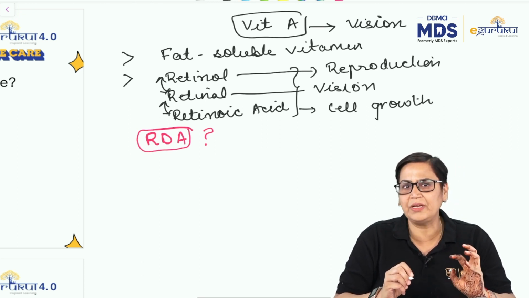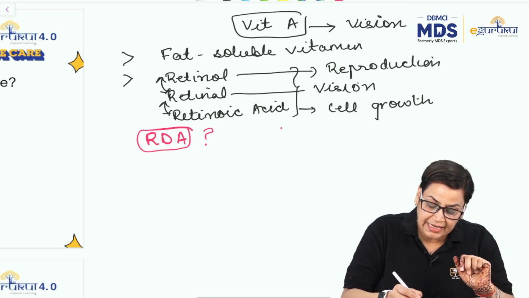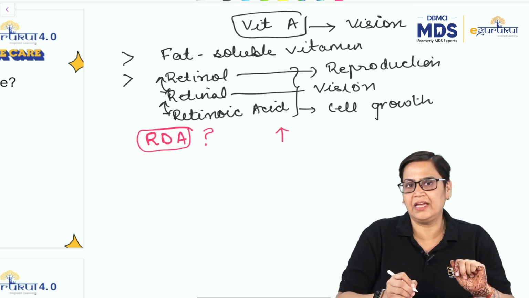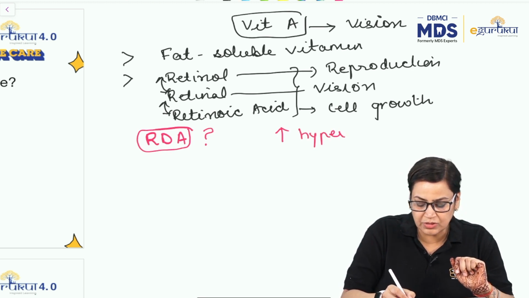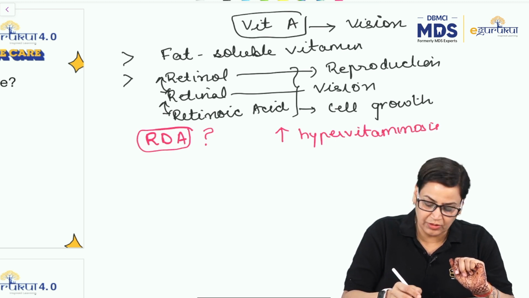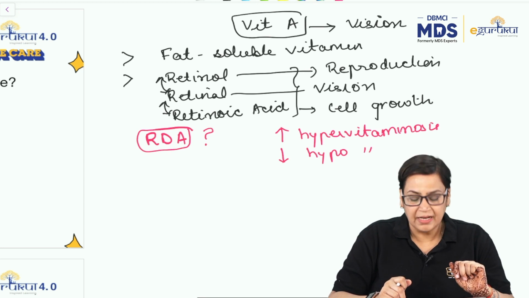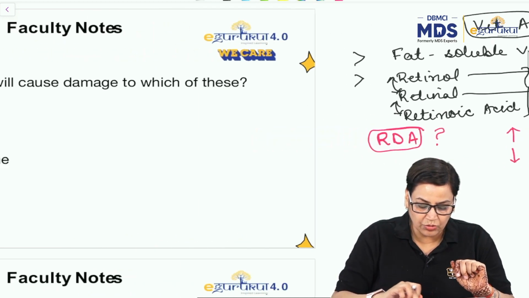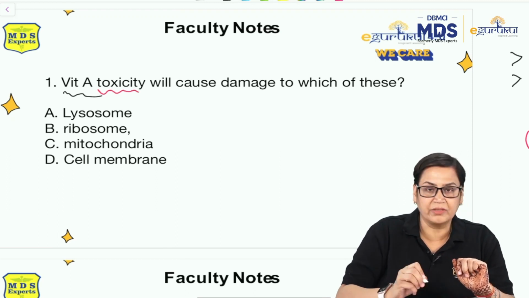It means it has to be taken in a prescribed dosage. If we increase the intake of vitamin, it will lead to hypervitaminosis, which is equally harmful. And if we decrease the dosage, it will be known as hypovitaminosis.